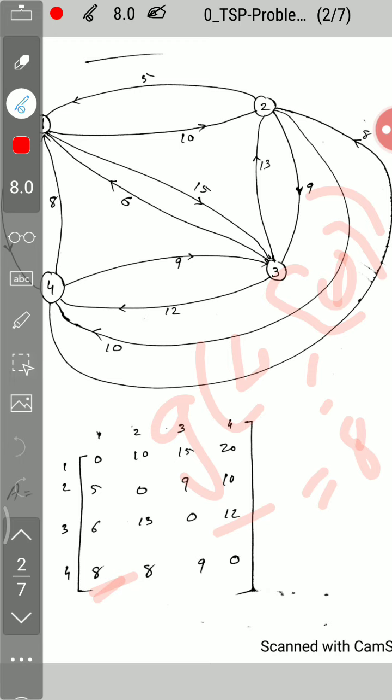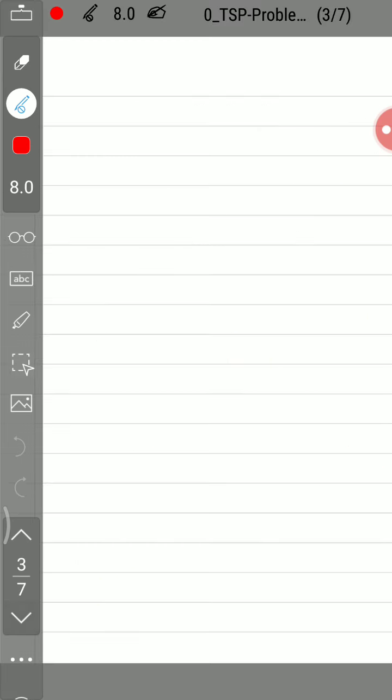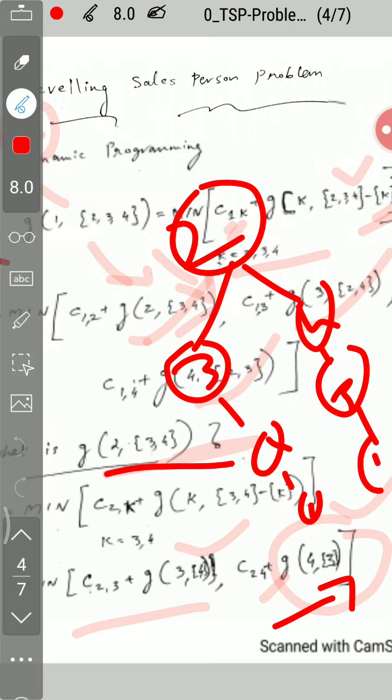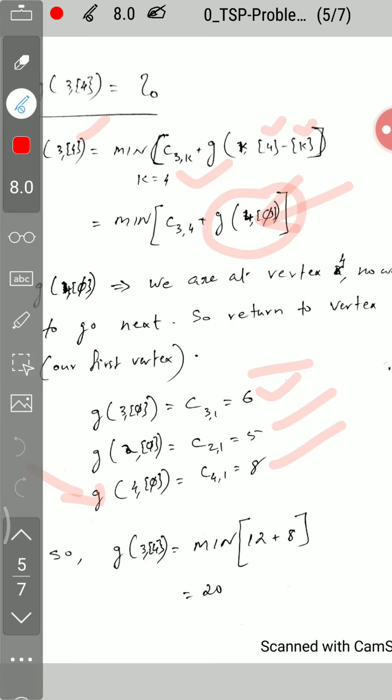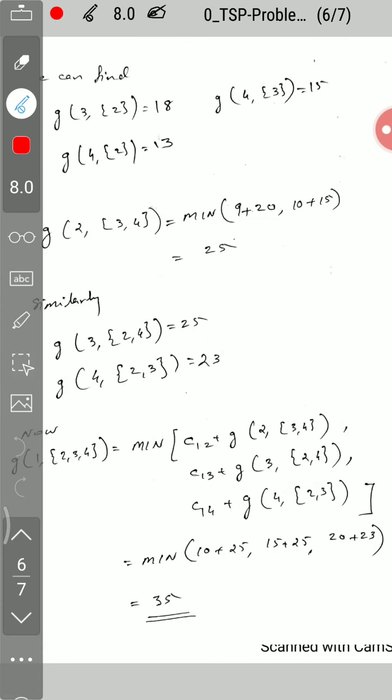Then what is G(3,{4})? G(3,{4}) is 20, and G(4,{3}) is 15.